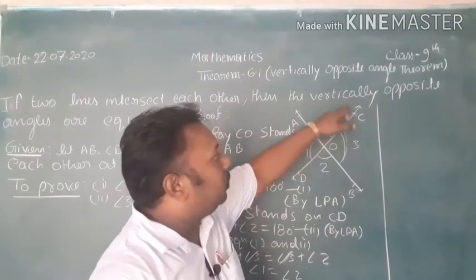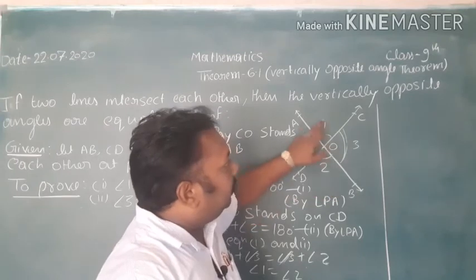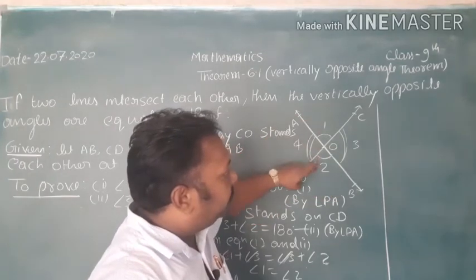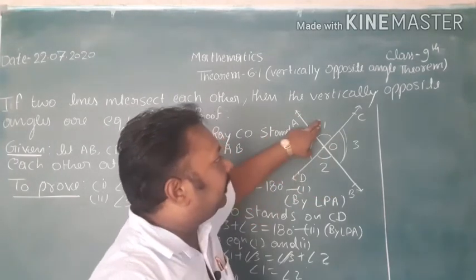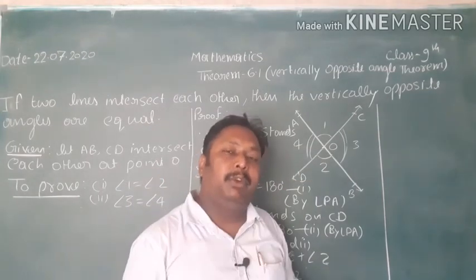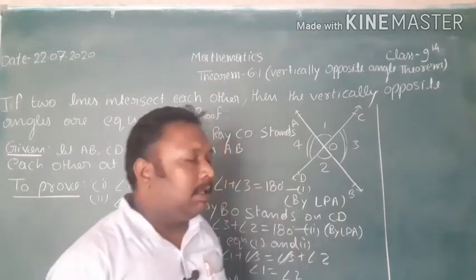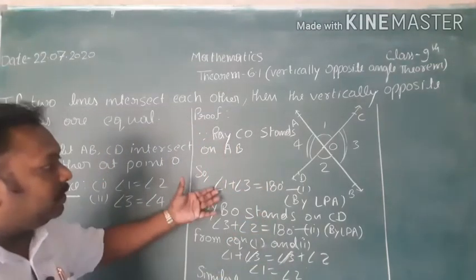These are the two lines which intersect each other at point O. So angle 1 equal to 2 and 3 equal to 4, and these are called vertically opposite angles. By using the linear pair axiom, we prove this theorem.